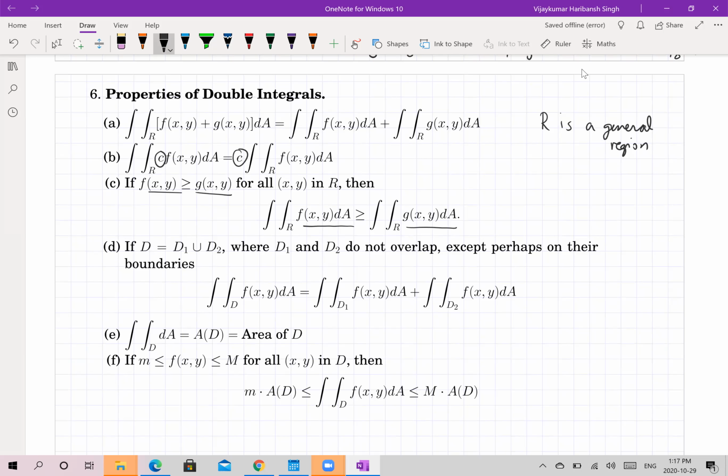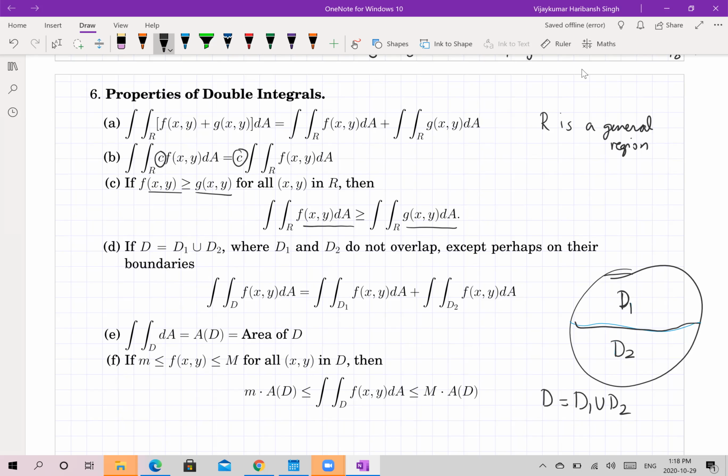Now, suppose you have region D and D is the union of regions D1 and D2, and they don't overlap except at the boundary.